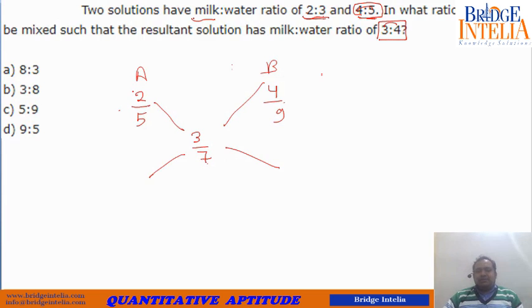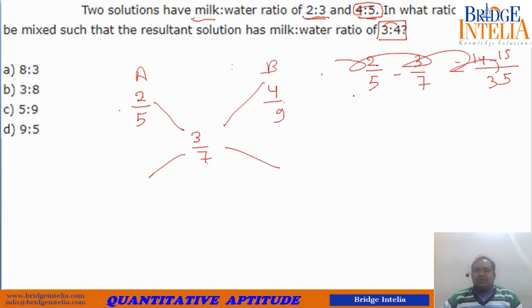So the difference of 2 by 5 and 3 by 7. Let's find the difference. 3 by 7 is greater than 2 by 5. So 3 by 7 minus 2 by 5: 35, 15 minus 14, so 1 by 35.